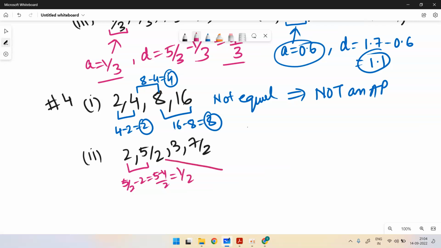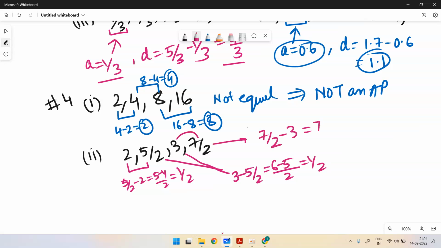Then 3 minus 5 by 2 is 6 minus 5 by 2, which is half. And 7 by 2 minus 3 is 7 minus 6 by 2, which is half. Since the common differences are the same, this forms an AP.